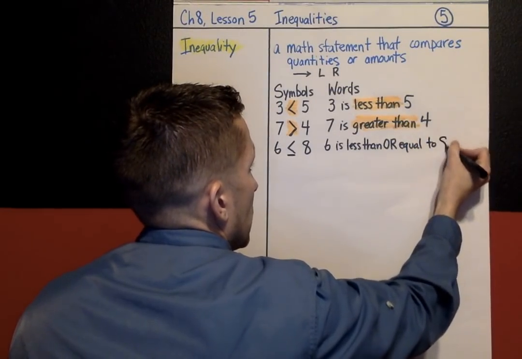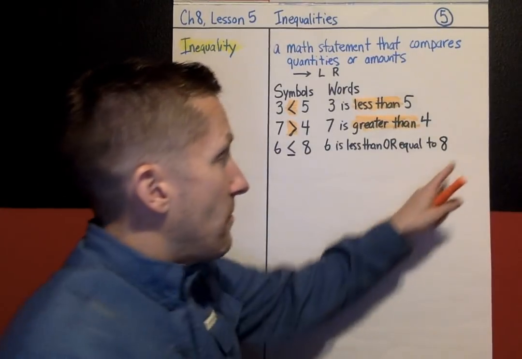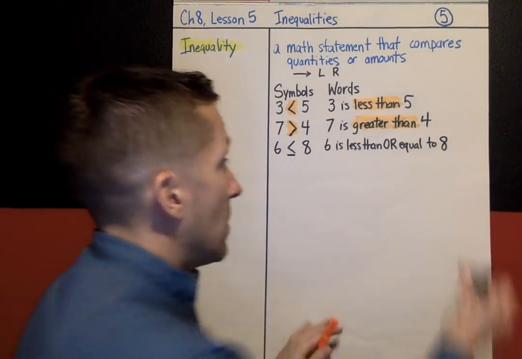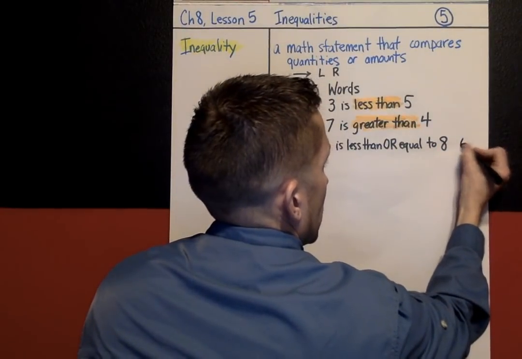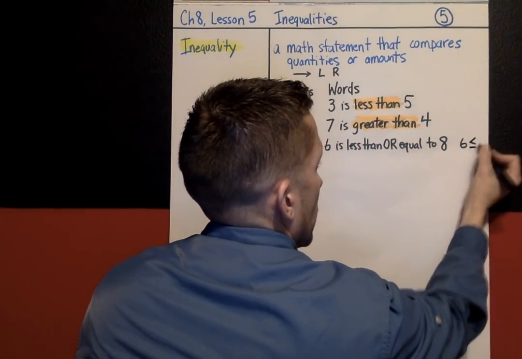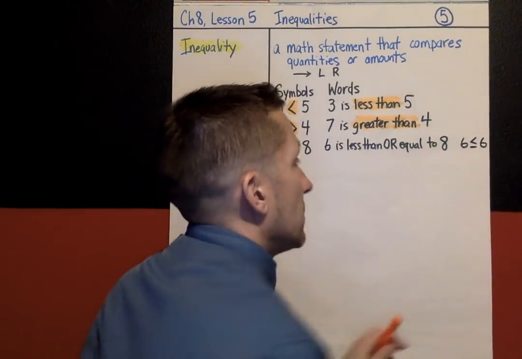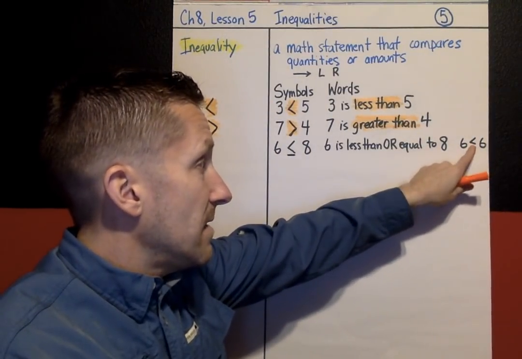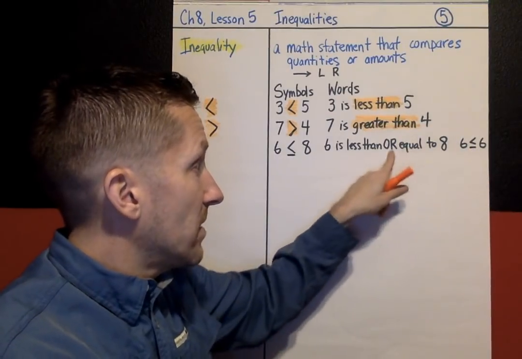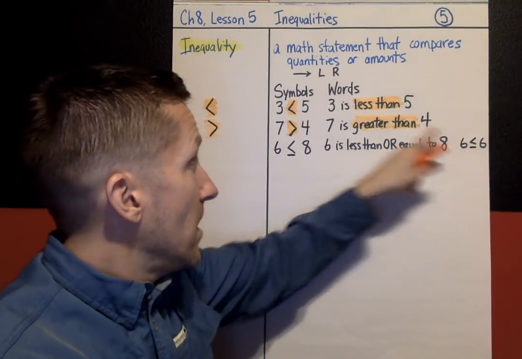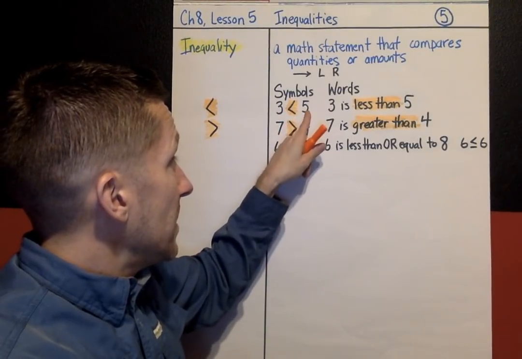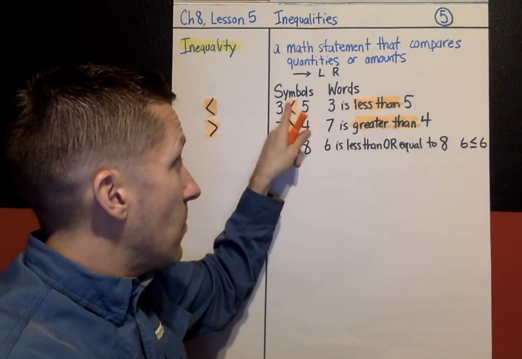to 8. And I want to give another example over here that would work with this inequality. 6 is less than or equal to 6. That works with this inequality. 6 is less than or equal because it works on this part. It's equal to. Does not work up here. If I were to put 6 less than 6, that does not work.